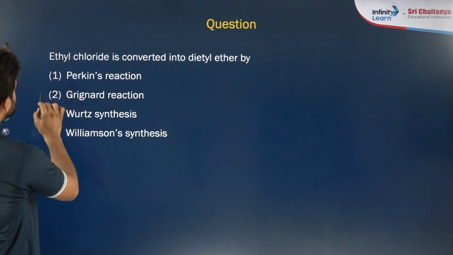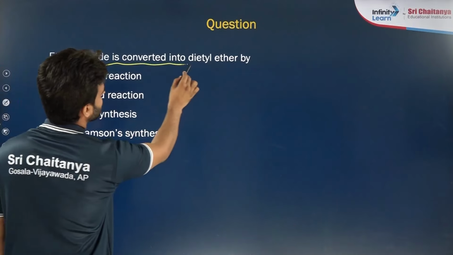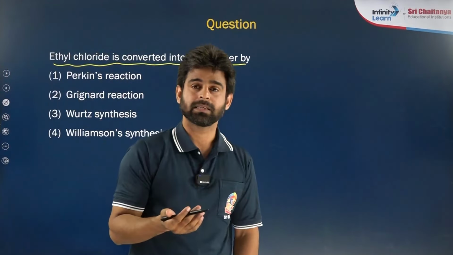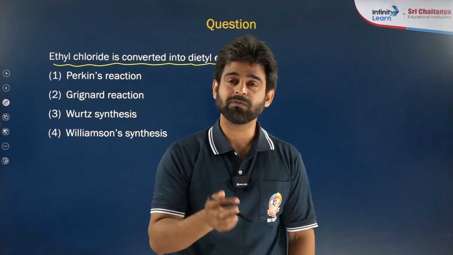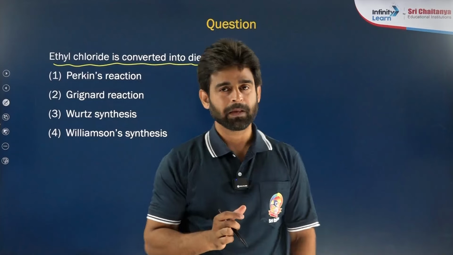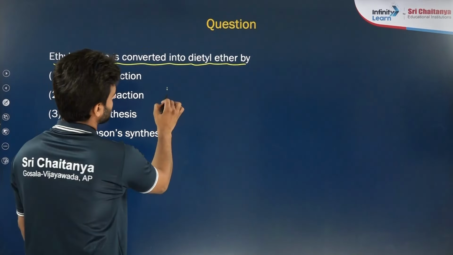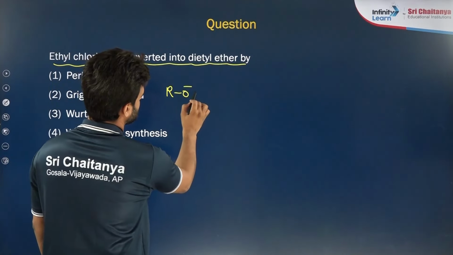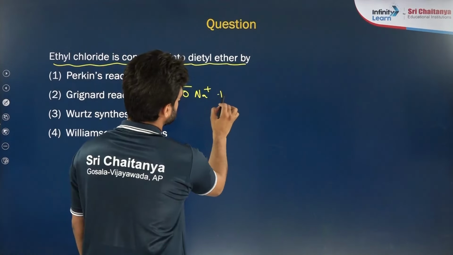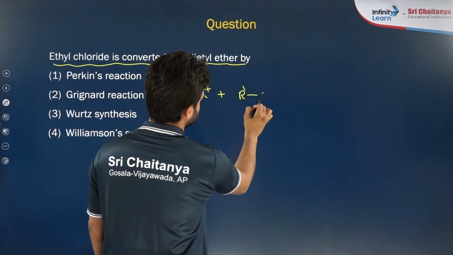Next thing is ethyl chloride is converted to diethyl ether. Mainly in NCERT, there are two methods given to make ethers. One of these is a named reaction, Williamson synthesis, right? In Williamson synthesis, we say if we have RO negative or Na plus alkoxide as a nucleophile and here we have R'X.